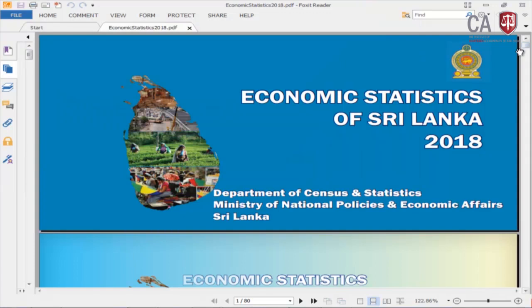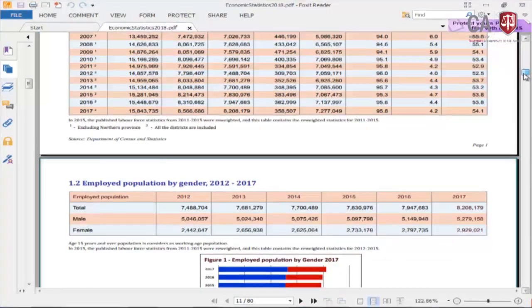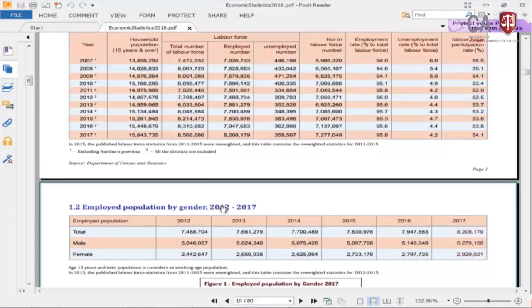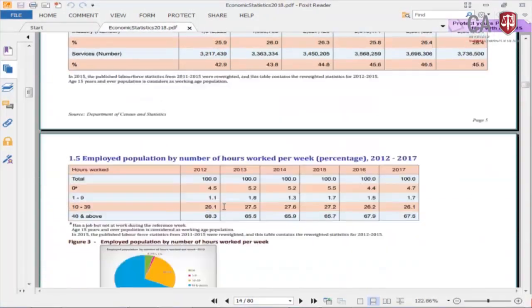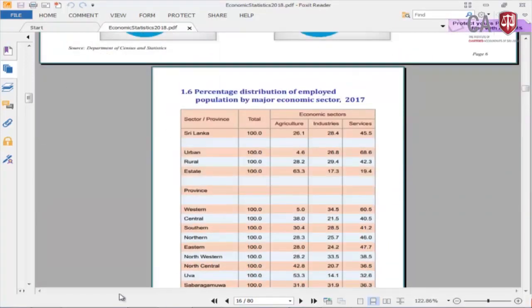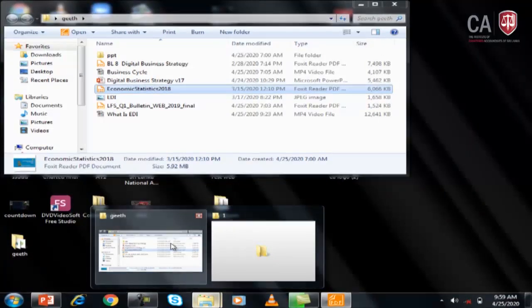The government has published economic statistics. If you refer to this, there is a lot of employment and population data, including gender-wise figures. These are good factors you can use to understand the economic background of the country.